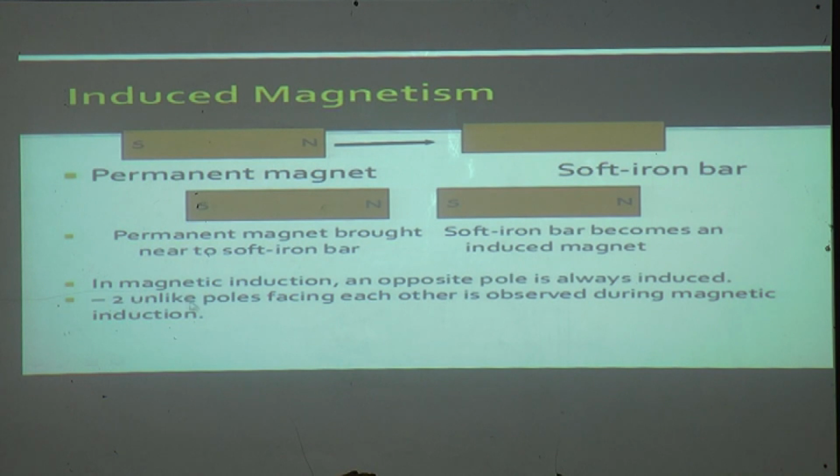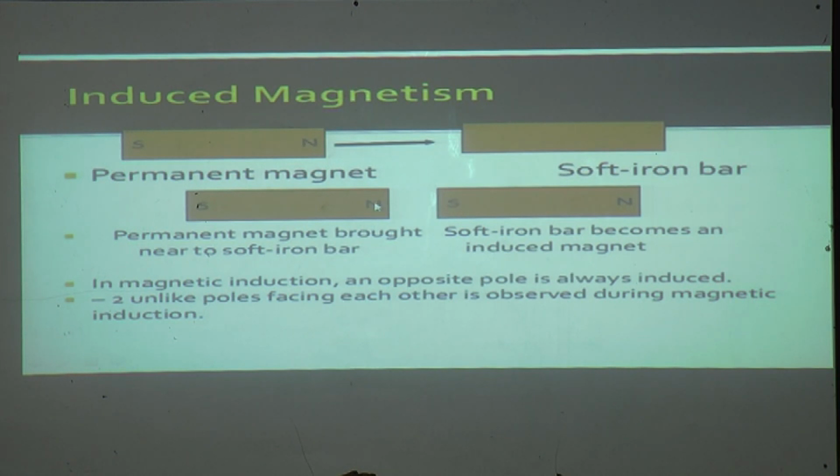Then two unlike poles facing each other is observed during the magnetic induction. Okay, so this is given here. In magnetic induction, what happens? When we bring this permanent magnet towards or near to the soft iron bar, this is called magnetic induction, and an opposite pole is always induced. So we keep the north and south poles near to each other.